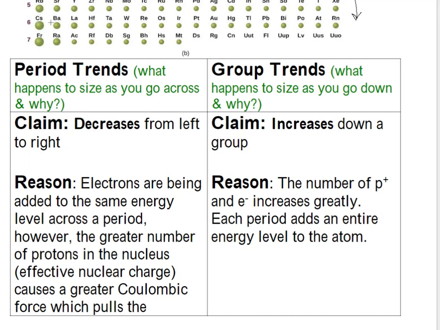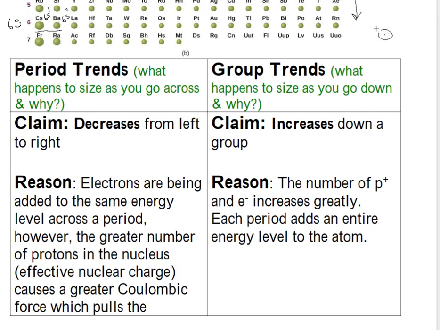The answer is because in the case of cesium and barium, this is the 6s area of the periodic table. So cesium has 6s1 as its outer electron, and barium has 6s2. It has 2 electrons out there, but they're both in the s orbital.